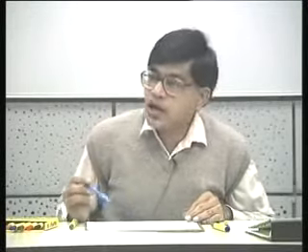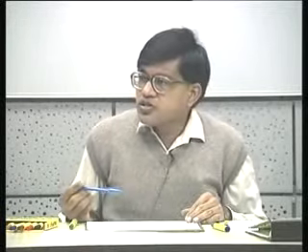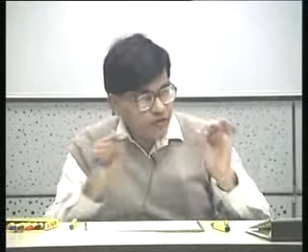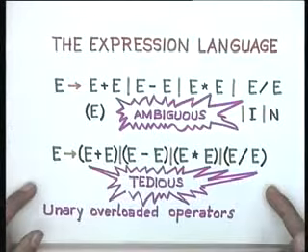Okay, so as far as we are concerned, in our abstract syntax, if we are looking at abstract syntax in string form, we will just assume them to be fully parenthesized.